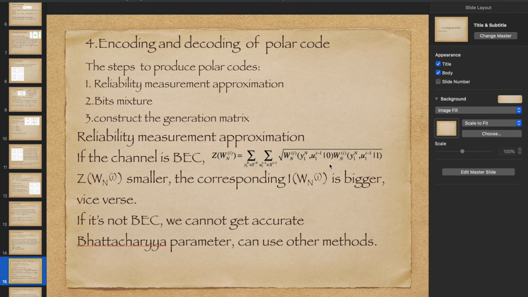And there are many other methods. Some are called density evolution. There are many methods here, but not unique.